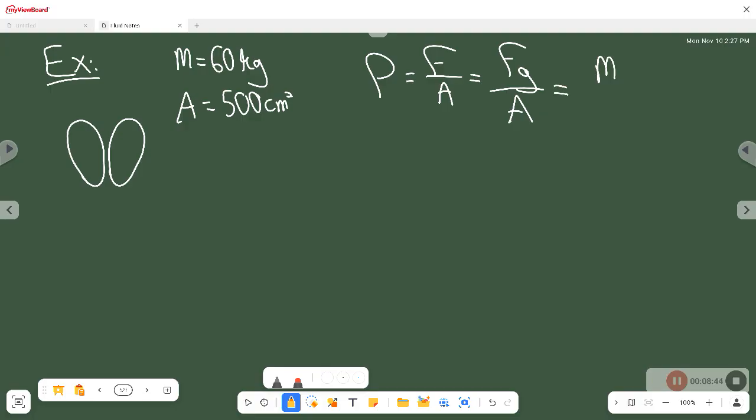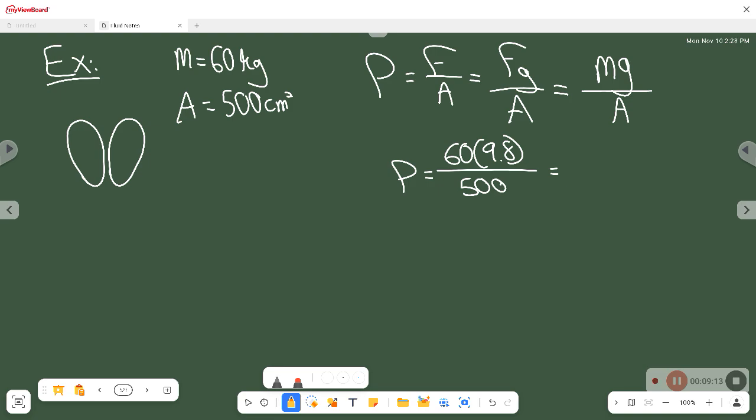That's the mass of the object times 9.8. So I know the mass, I know g, I know the area, so let me plug in my numbers here. So mass is 60 times 9.8 over 500. So my answer is 1.176.